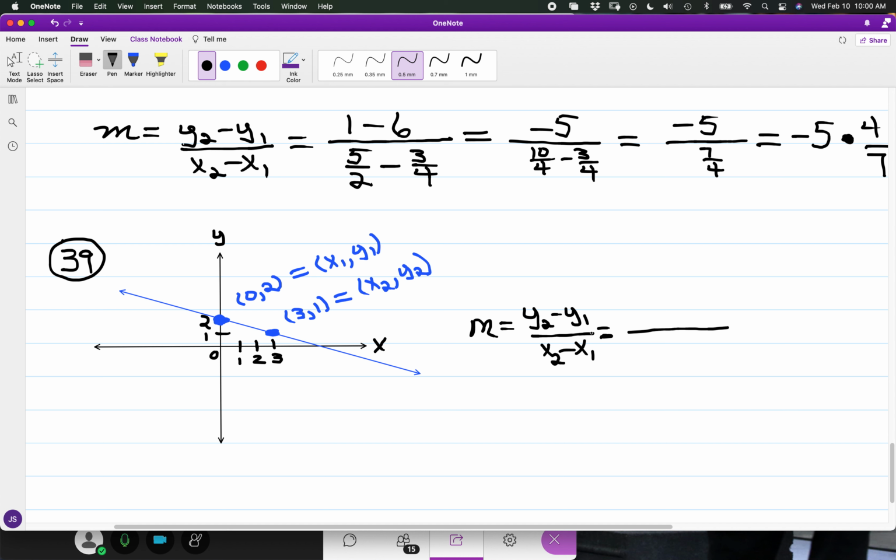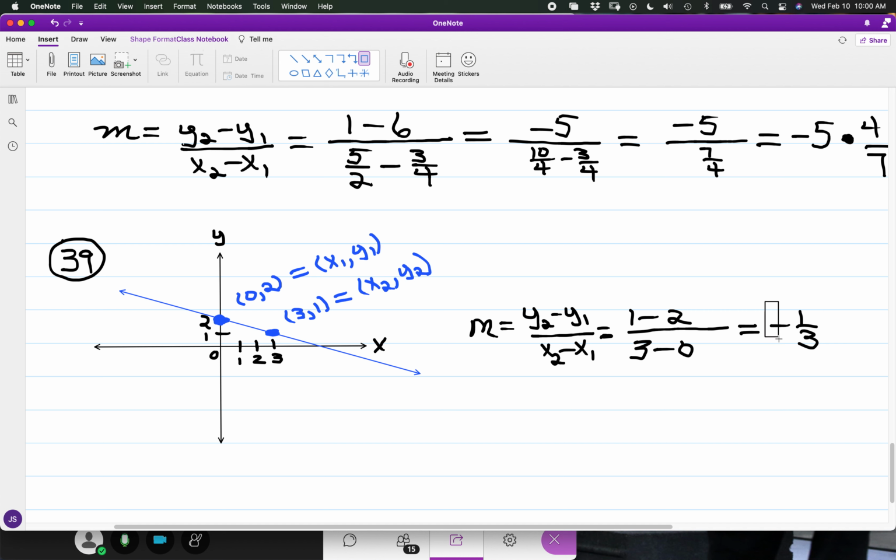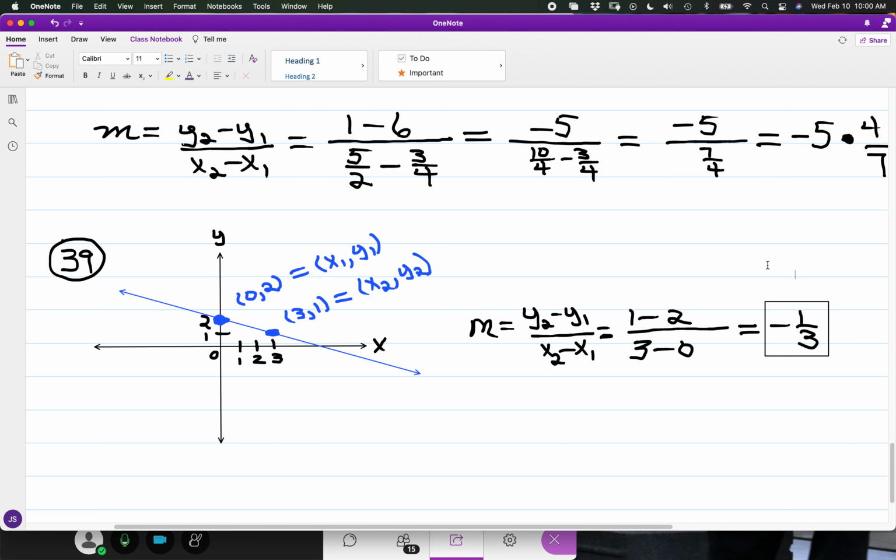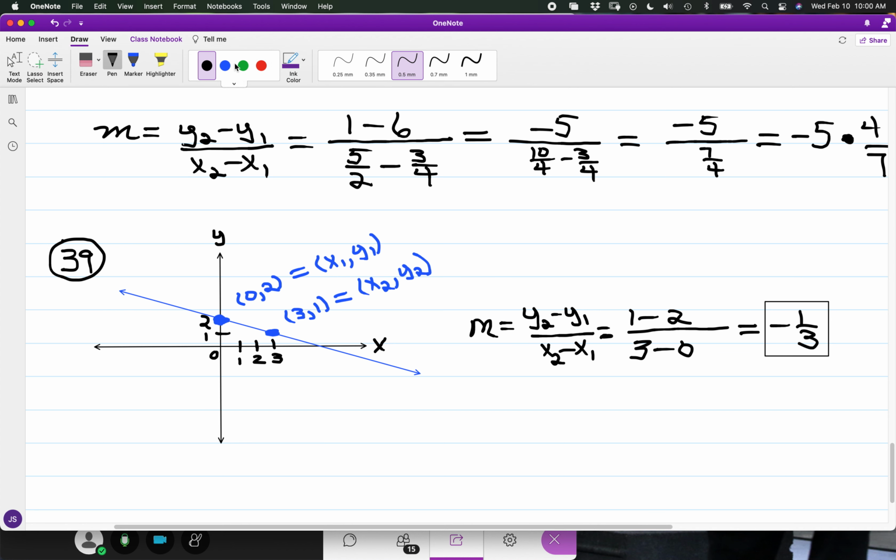Again, for the change in y, looking at what we have designated, y2 minus y1, we'll have 1 minus 2. And for x2 minus x1, we have 3 minus 0. And 1 minus 2 is negative 1, 3 minus 0 is 3. So taking what we have with the slope formula, this will come out to negative 1/3.